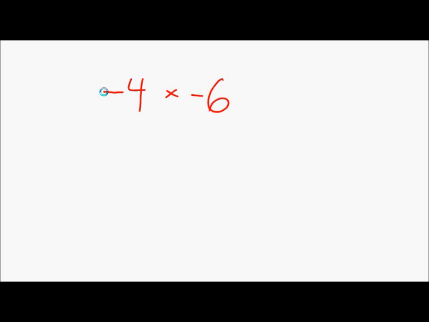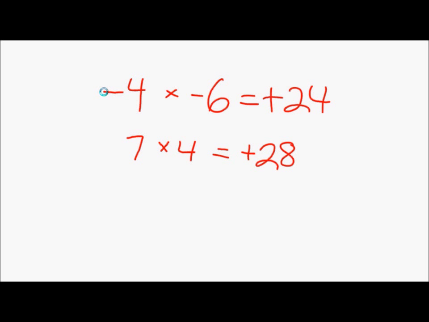You know that it's going to be positive because like signs give you a positive, and 4 times 6 is 24. And of course the same thing if we had two positive numbers multiplied times each other. 7 times 4 equals plus, you don't have to write that plus, but it's a positive 28.